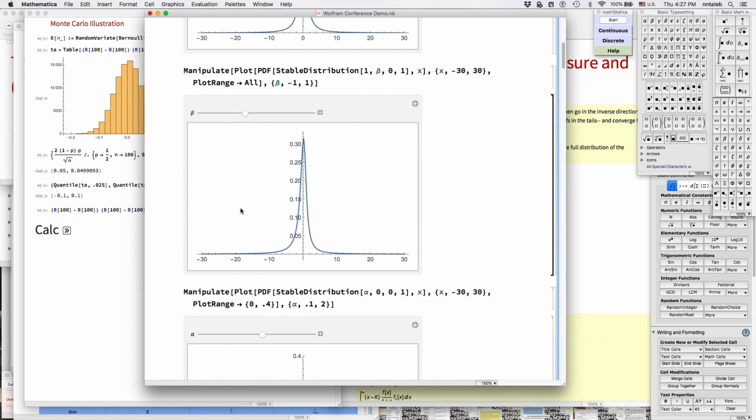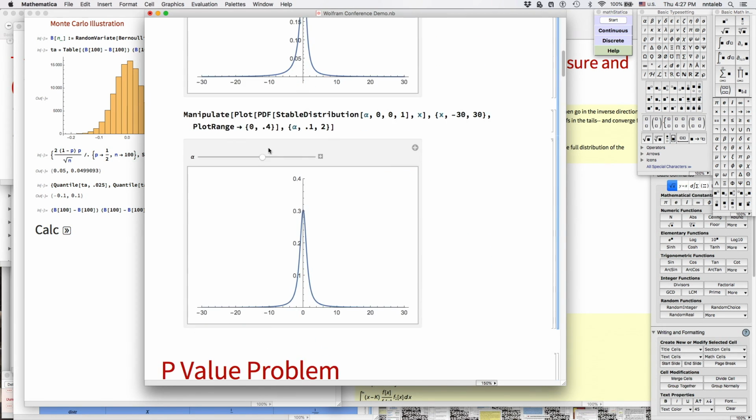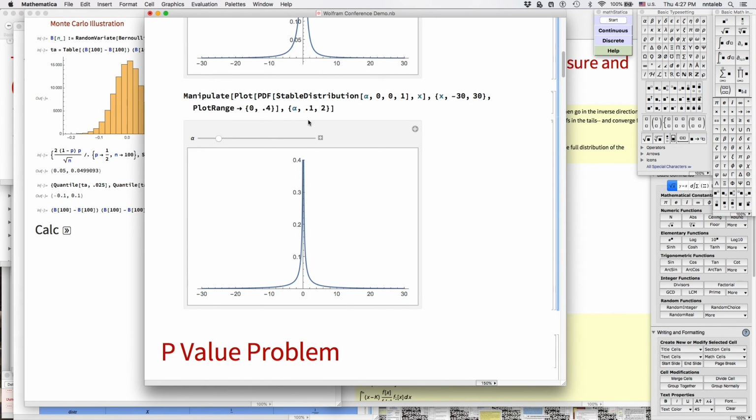The stable class only has a density supposedly for the Cauchy, for the Gaussian, and for, I think, the Levy, which you don't want to hear about, okay? And here we can figure out what happens when you fatten the tails, and build intuition just by playing with these functions. Manipulate is a great function for that. What happens when you change the parameters of a distribution?